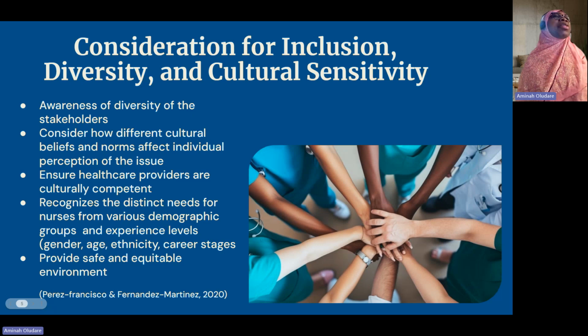For this project, it's very crucial to consider inclusion, diversity, and cultural sensitivity. It is very important to include nurses across all experience levels, hospital administrators, and other healthcare professionals to ensure alignment with organizational goals and patient care priorities.